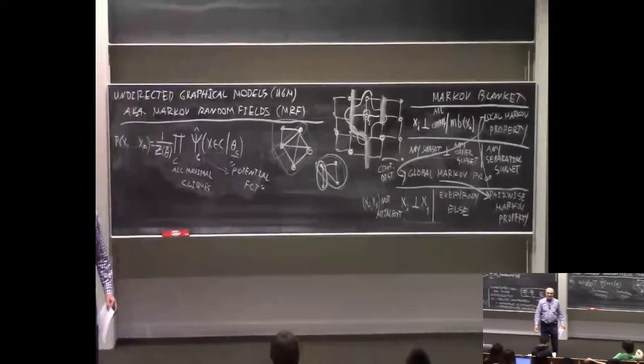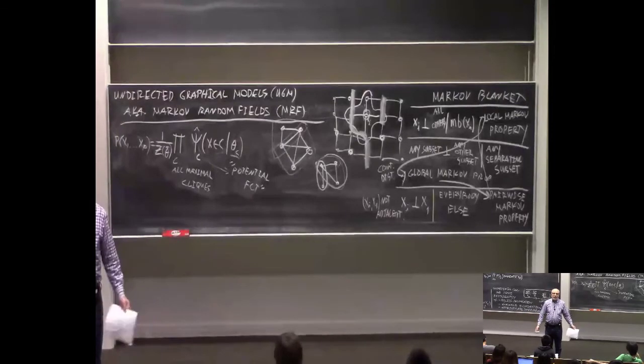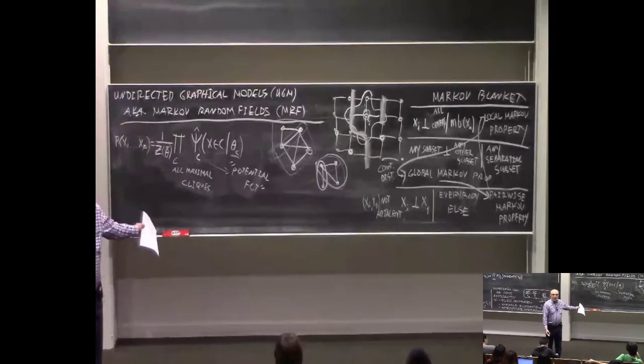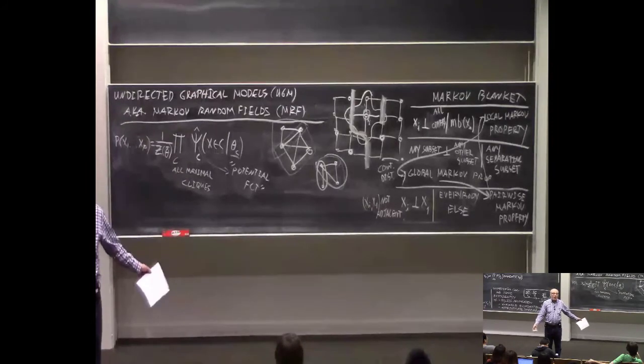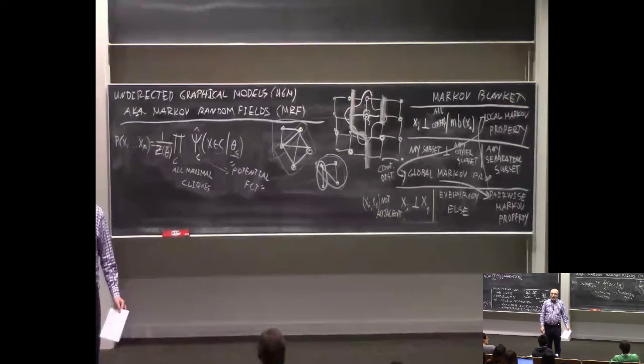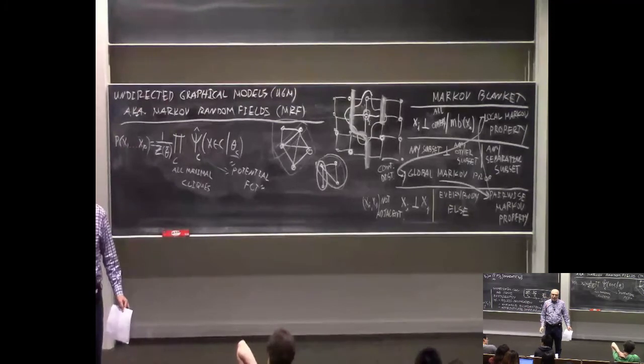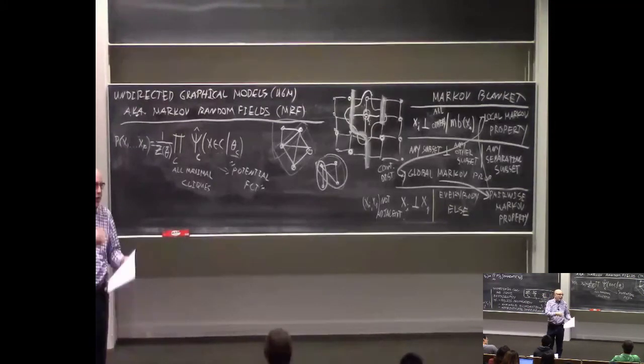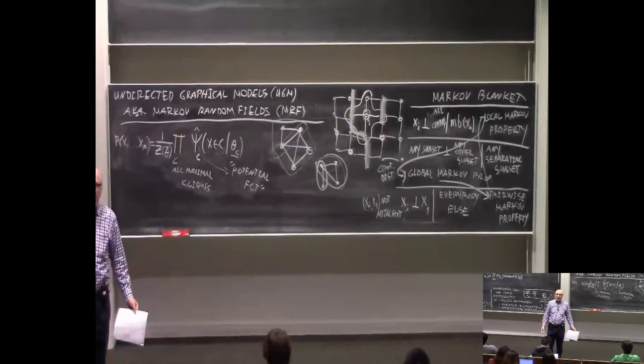Starting with inference. You have a big graph. You fully specify these potential functions. So you somehow learned or were given the full specification of the model. And now you're asked to do inference, namely you're given some values for some of the variables, and you're asked about the most likely values of some other variables. How hard is that? The answer is it's about as hard as it is in directed graphical models. Maybe slightly harder, but it's still an open problem in the sense that depending on the structure of the graph, sometimes you can do that efficiently, but there is no known efficient solution that will work for any structure of any graph.